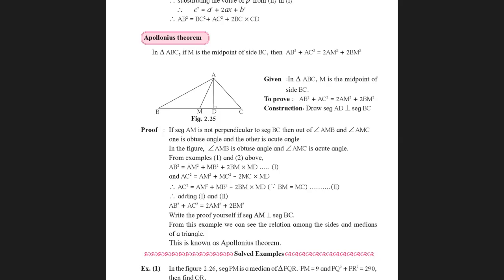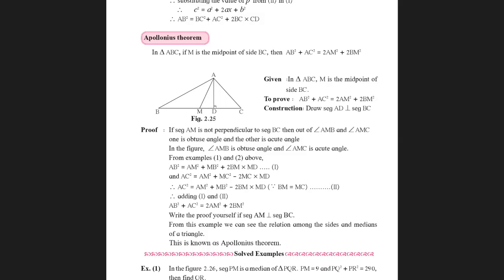Now, if this is the case, the theorem states AB square plus AC square, that is sum of the squares of the two sides of the triangle, is equal to twice the square of its median plus twice the square of half of its opposite side, that is AB square plus AC square is equal to 2AM square, that is a median, plus 2BM square.